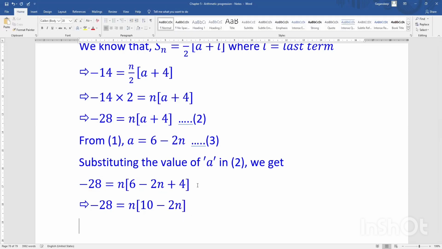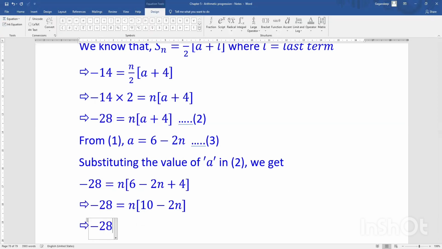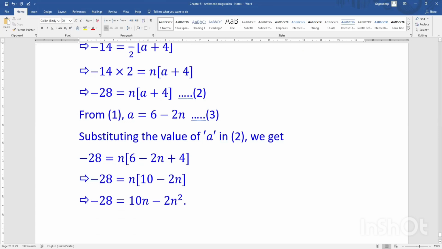Then we have minus 28. I'm going to multiply this n, n into 10 and n into minus 2n. So n into 10 is 10n, and n into minus 2n is minus 2n square.